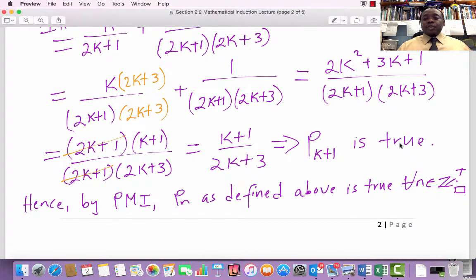We have shown steps 1, 2, and 3. And therefore we conclude by PMI, or the principle of mathematical induction, that Pn as defined above is true for every positive integer n. And that concludes our proof by mathematical induction. The basic step, induction hypothesis, and the inductive step.